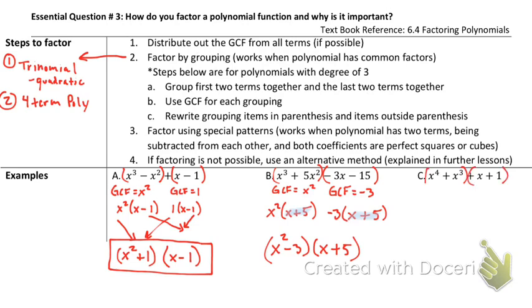My GCF here is going to be x to the third. That's going to give me x plus 1. My GCF here on the second group is going to be equal to 1. And that's going to be 1 times x plus 1. And then group together.